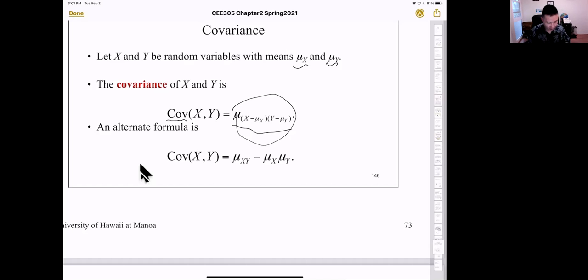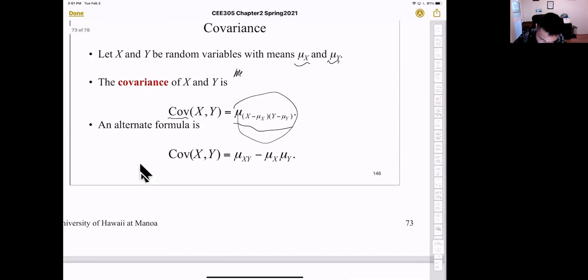Okay, so what does covariance measure? Covariance is a measurement of the strength of linear relationship between two variables, in our case, x and y.